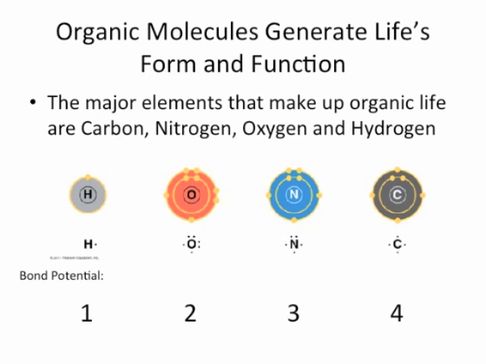If you look at the electron configuration for all of these, you can pretty quickly figure out how many covalent bonds each one can make, what's called the bond potential of these different elements. So hydrogen, which has 1 valence electron on a valence shell that can hold up to 2 electrons, can make 1 covalent bond. So hydrogen will only make 1 covalent bond, and that's the maximum it can do.